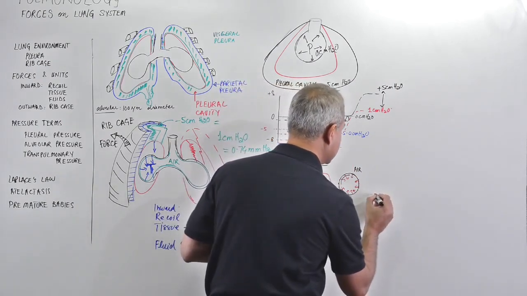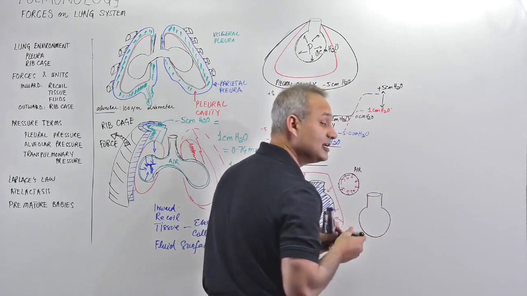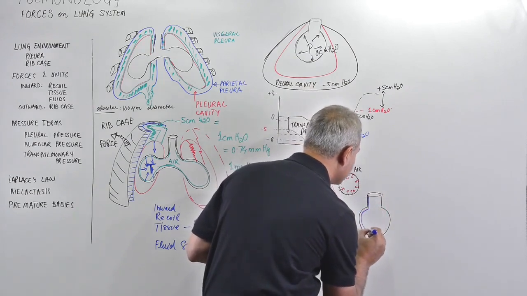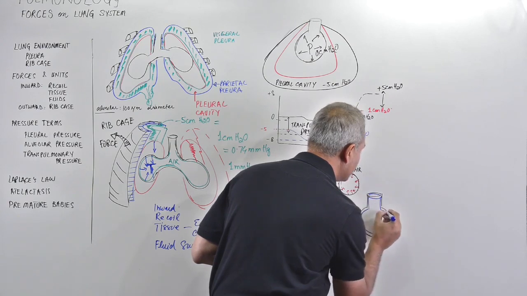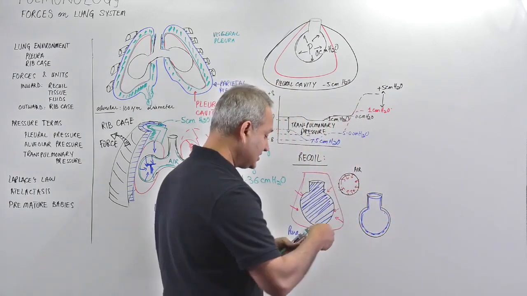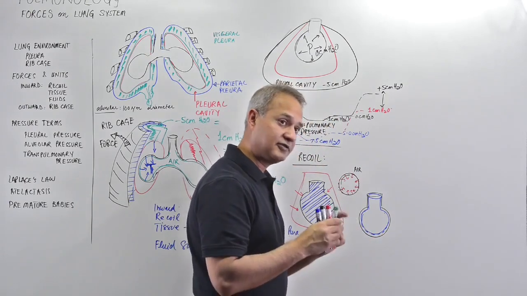However, if you take this alveolus and fill it with air and just leave a pure water layer that is lining the alveolus, now we've got an air-fluid interface.